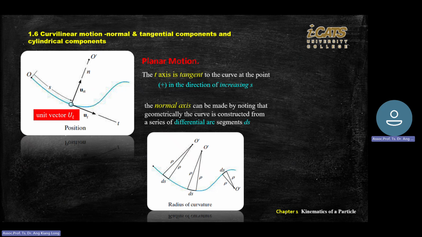How to find s, the arc length of a section? s equals r theta, right? Or, looking at the screen here, how to find ds? ds equals rho times the small theta here, right?